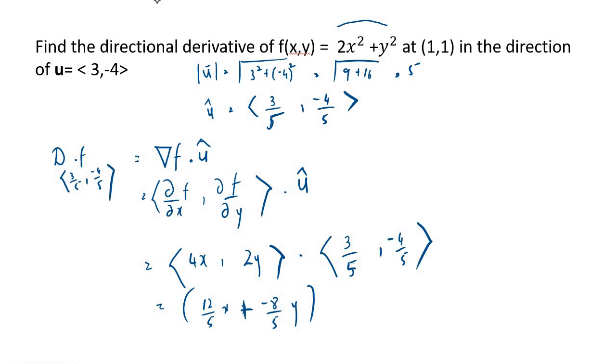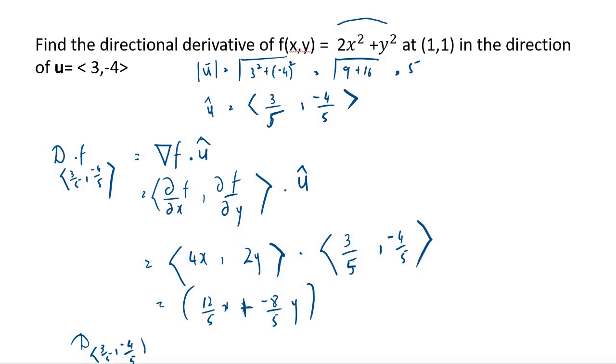If you go back to the question, we are asked to find the directional derivative of f at (1, 1) in the direction of the unit vector. We have done that already. So the next thing we need to do is substitute x as 1 and y as 1.